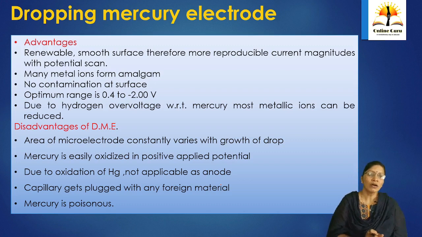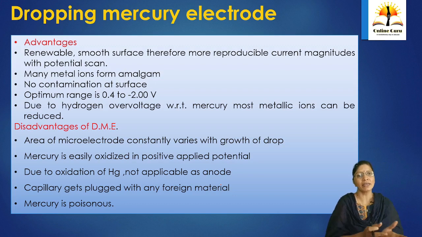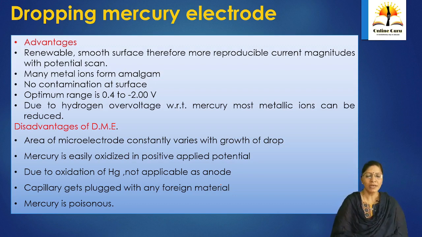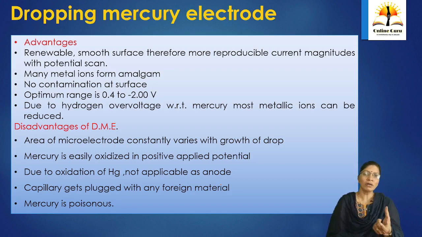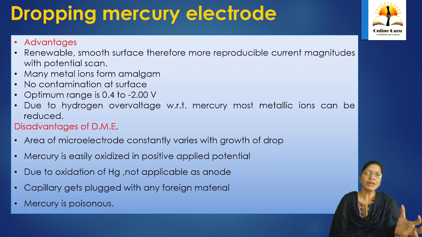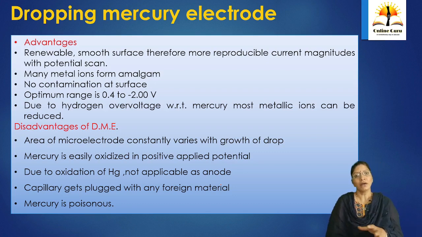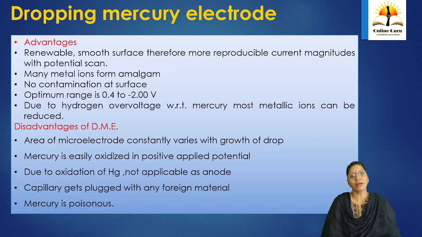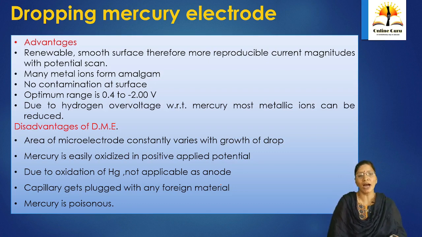Next, many metal ions that we study as the analyte form amalgam. You might have heard about amalgam. This is what we have: the metal forming an Hg salt, and this metal amalgam is non-dissociative, or more stable. So amalgam removes that metal cation from the solution and takes it to the mercury pool at the bottom.